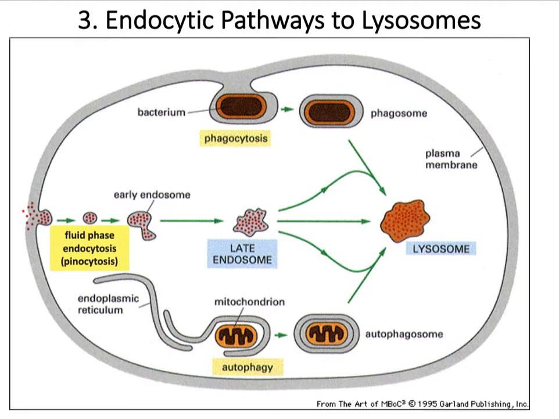So we have already talked about three endocytic pathways to lysosomes, and we mentioned that the lysosomes are a functional hub, and they are the endpoint of a number of endocytic pathways in eukaryotic cells. And these pathways include phagocytosis, which is uptake of large particles right here.